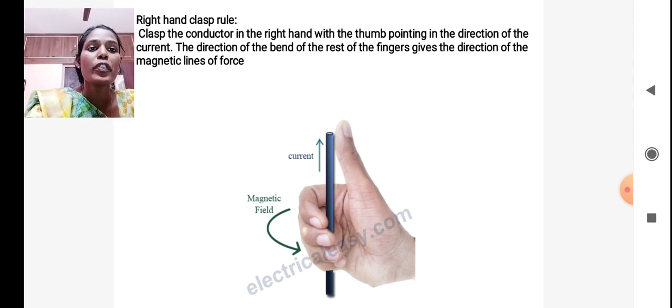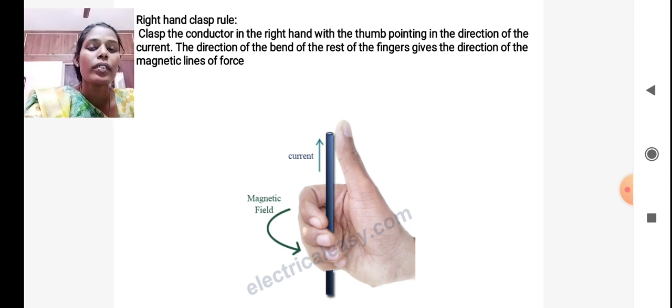The thumb, which doesn't bend and stands straight, indicates the direction of the current, whereas the direction of the bend of the rest of the fingers gives the direction of the magnetic lines of force. So far we have discussed Ampere's swimming rule, Maxwell's corkscrew rule, and the right hand clasp rule.